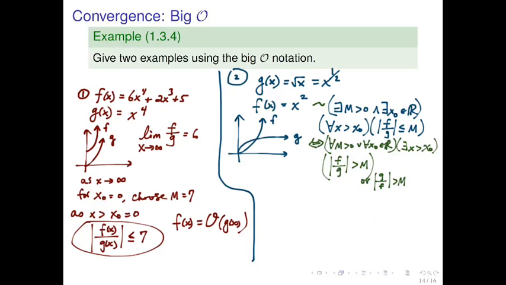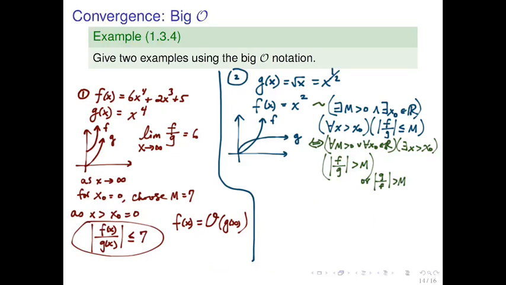As long as it's not the case that f over g is less than or equal to m, we're fine. So in a sentence, this means that regardless of how big m or x sub 0 is, we can always find an x greater than x sub 0 such that f over g is greater than m.